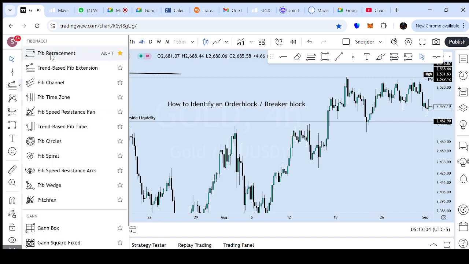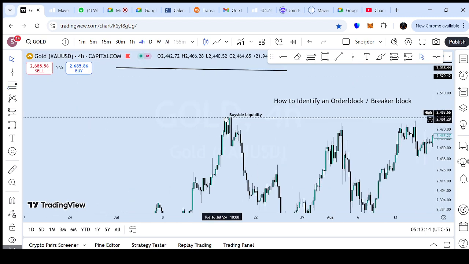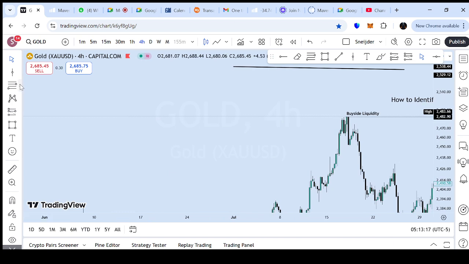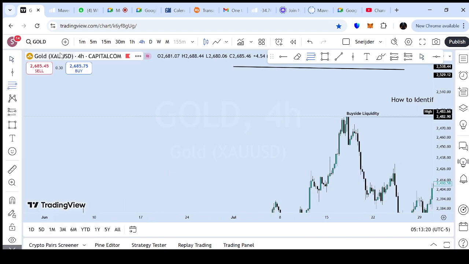This is your Fibonacci. I made it favorite. You can see it here. This is how you make use of your Fibonacci. Once you want to measure out an inefficiency, you click on it. Here is an inefficiency.